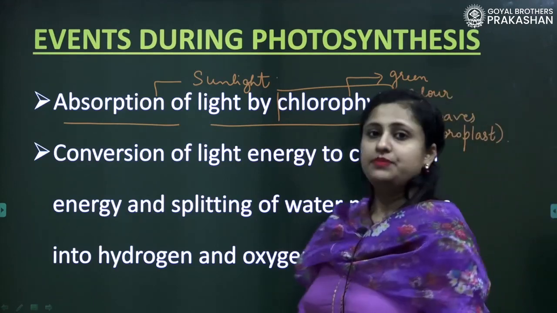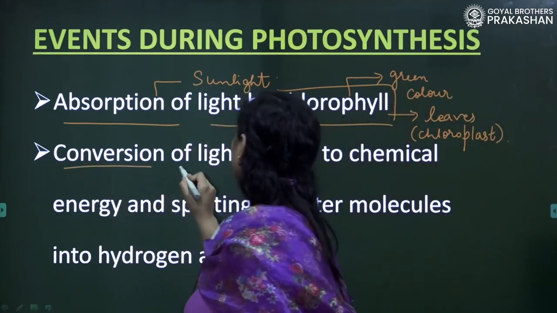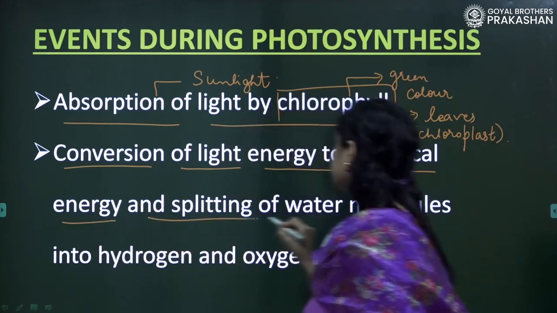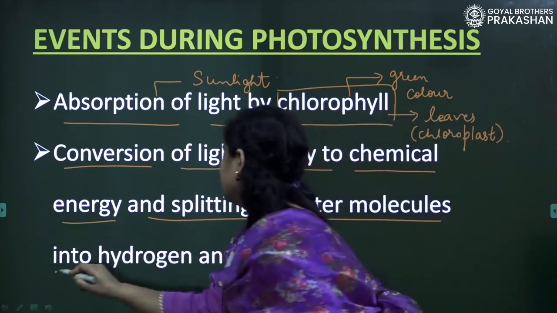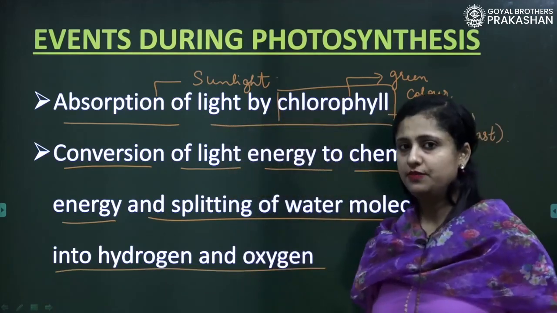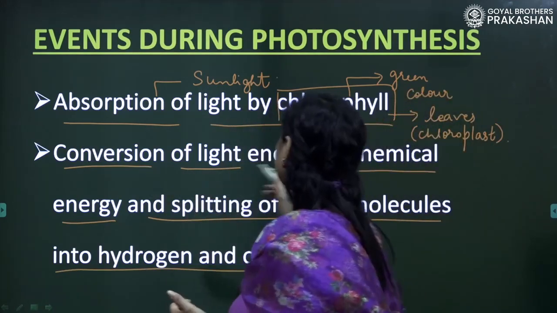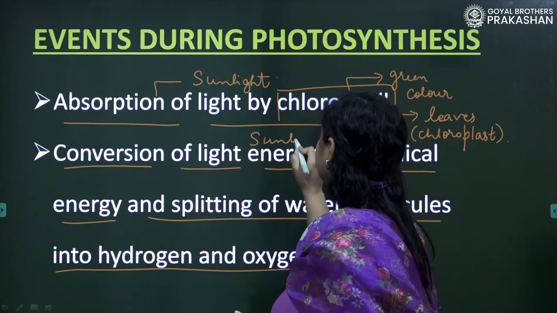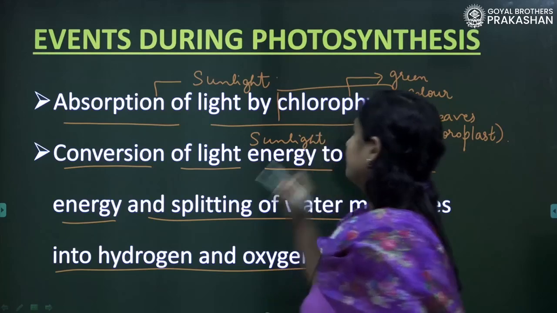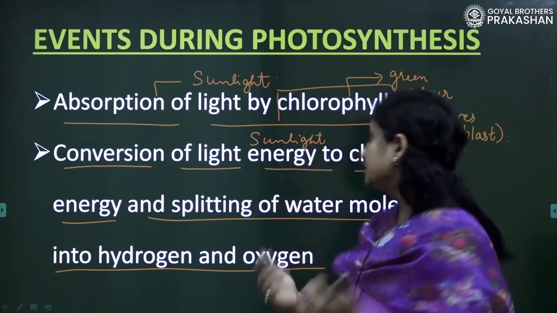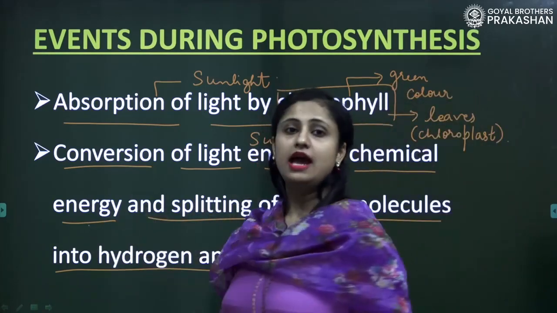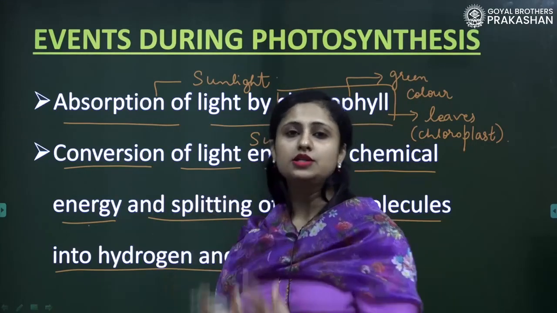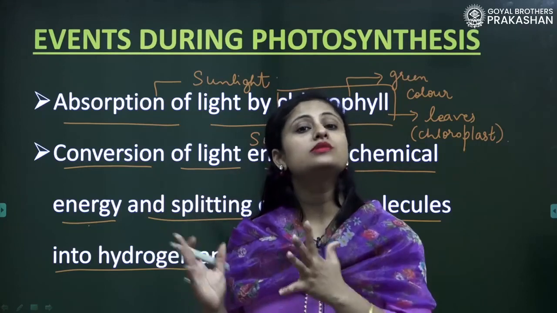The second event is conversion of light energy to chemical energy and splitting of water molecules into hydrogen and oxygen. It means the conversion of light energy, again here the light energy is the sunlight, into chemical energy. Here the chemical energy means the products formed during the time of photosynthesis.